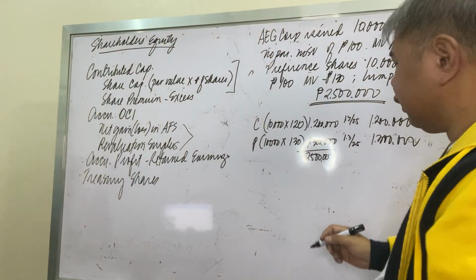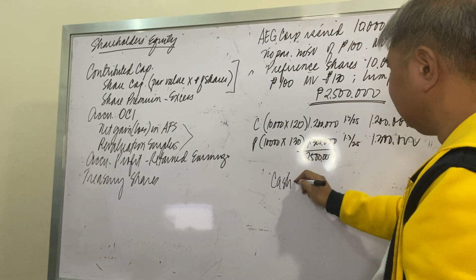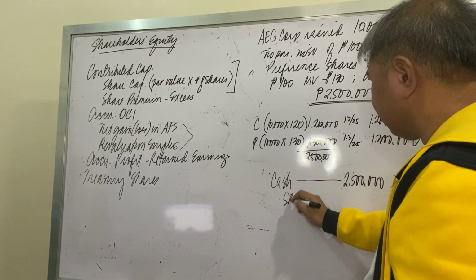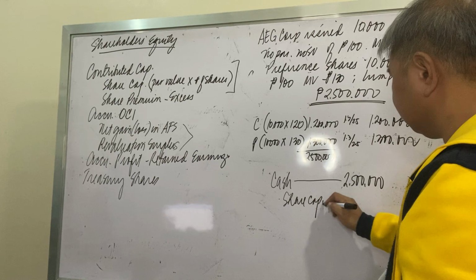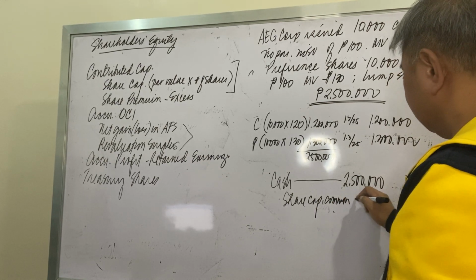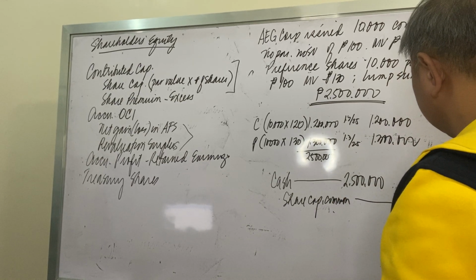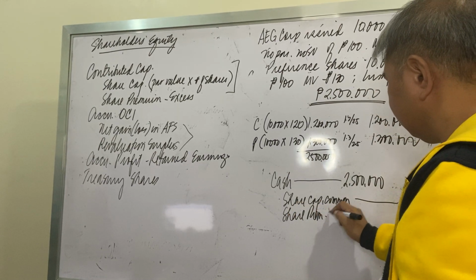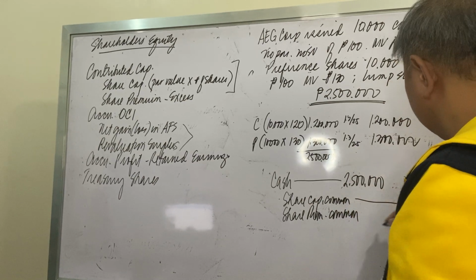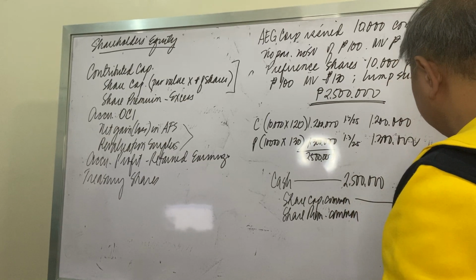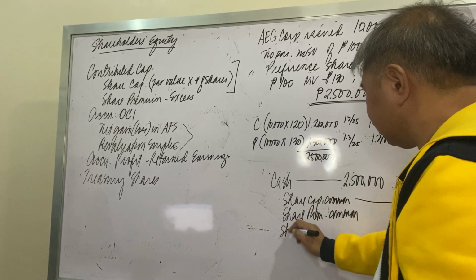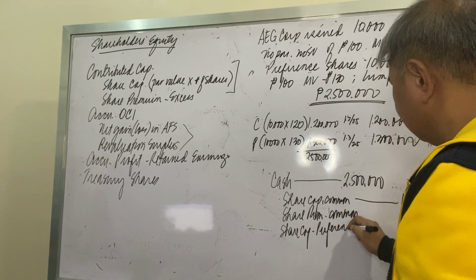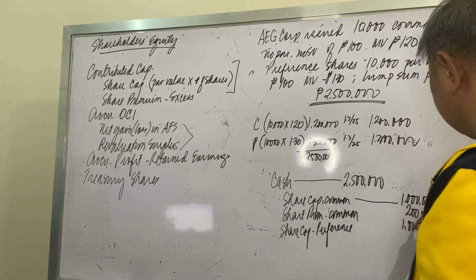So therefore, what would your entry be? Debit cash for 2.5 million. Debit share capital common for 1 million. Share premium common for 200,000. Share capital preference for 1 million.